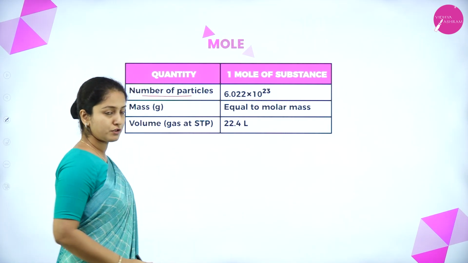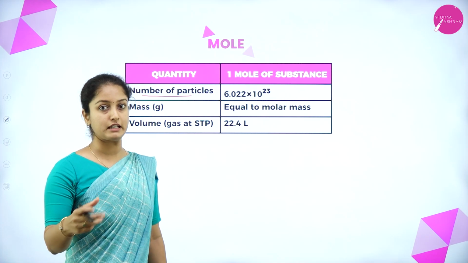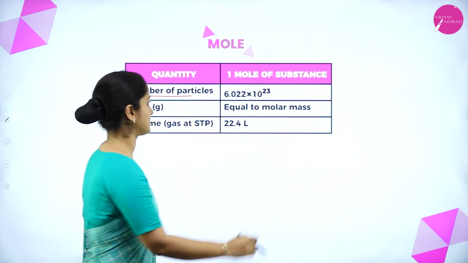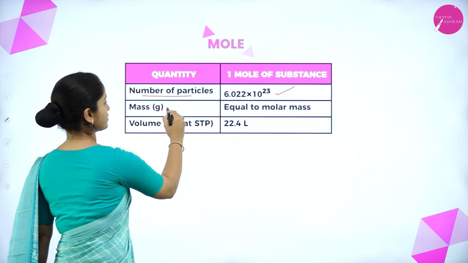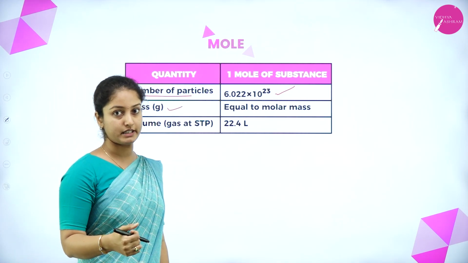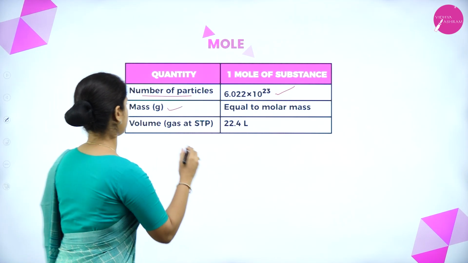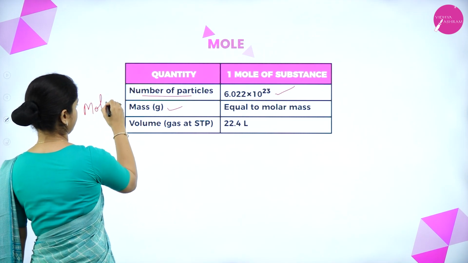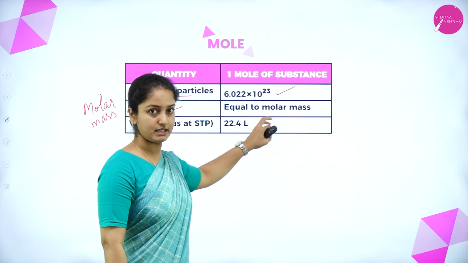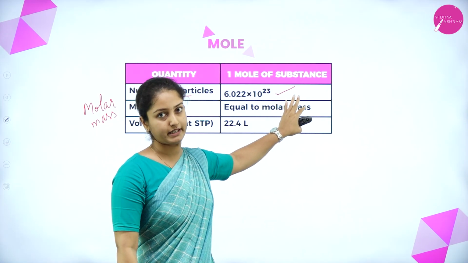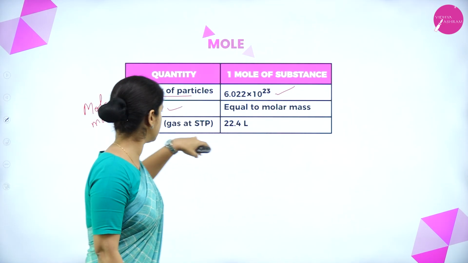In terms of quantity, that is the number of particles, 1 mole of any substance would contain Avogadro number of particles. In terms of mass, which is expressed in grams and is called molar mass, it contains an equal number of particles, that is Avogadro number of particles.